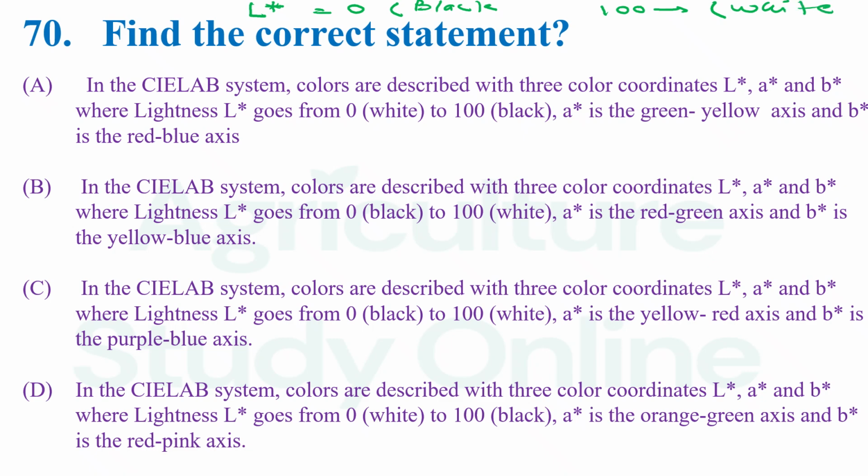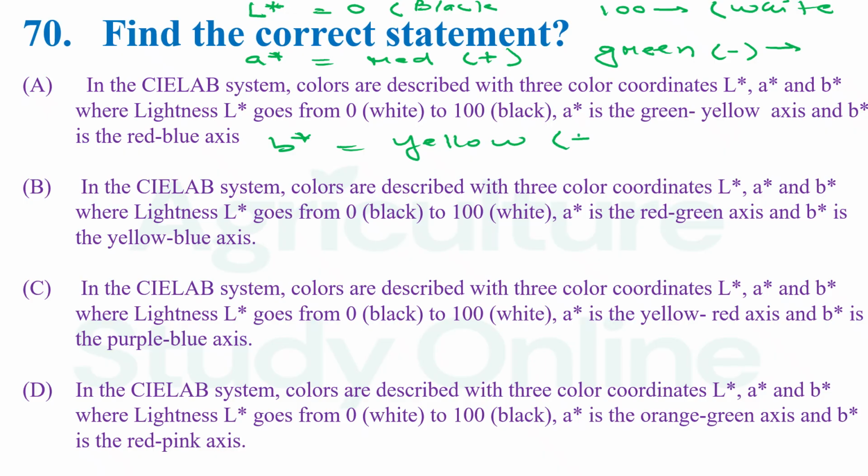a star means red, which is positive, and green, which is negative. Next, b star is yellow to blue.